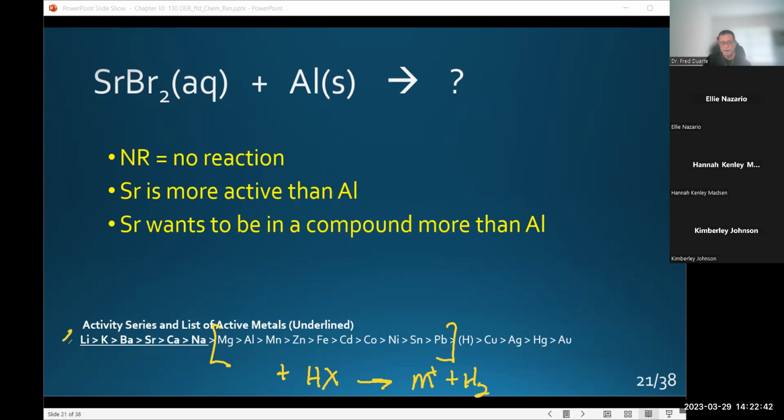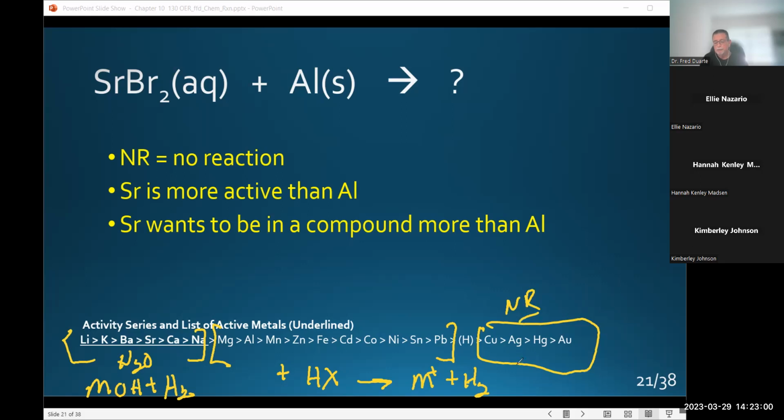The ones here react violently with water to form the metal hydroxide plus hydrogen gas, okay? And the ones over here, essentially for us, no reaction, okay? They will react, but they require some very strong acids, or even combinations of nitric acid and sulfuric acid, high strength, to get them to react.